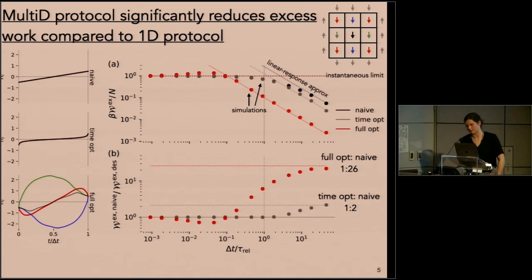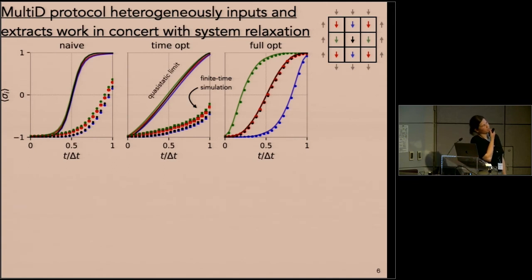So now, how do these different protocols actually drive the system, and why are these multidimensional ones so much better? So one reason is they're just driving the system differently. So what we're looking at here is basically the mean state, the mean magnetization state of each of these spins, where -1 is a downspin and +1 is an upspin, as a function of the protocol duration.